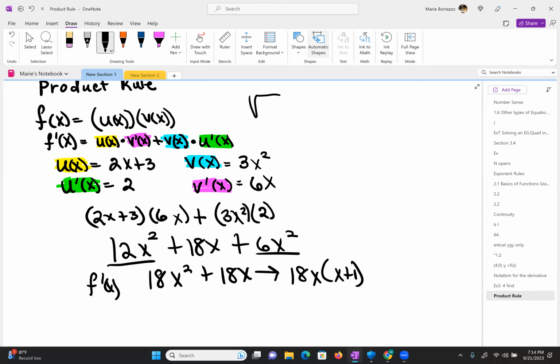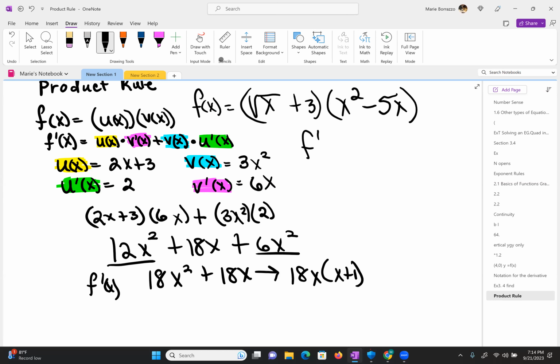Square root of x plus 3, and I want the first derivative of the product of that times x squared minus 5x. So this is your f of x.